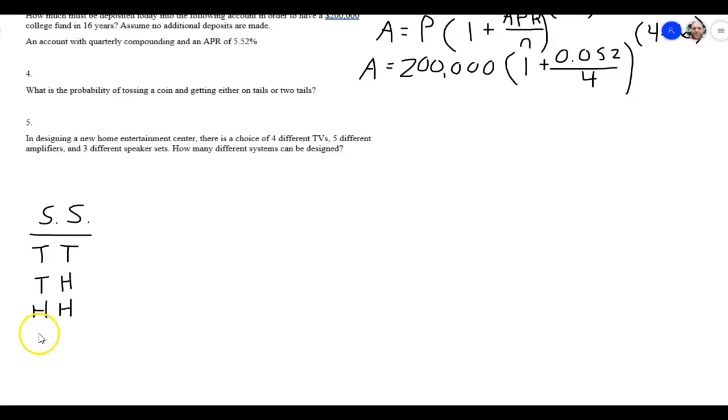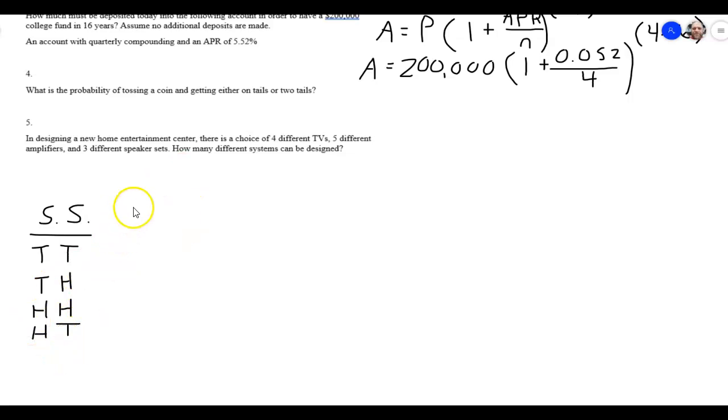The first one can be a heads, and the second one could be a tails. So these are all the possible ways that I could flip two coins here. There's no other way that I could flip two coins, no other outcomes.